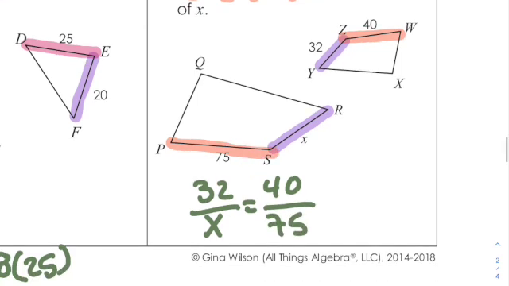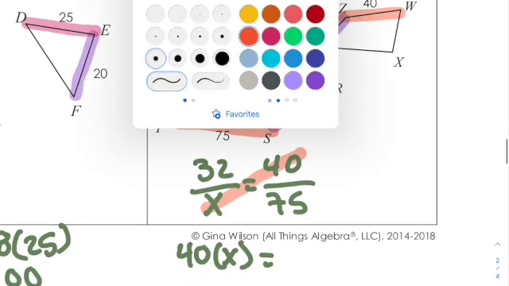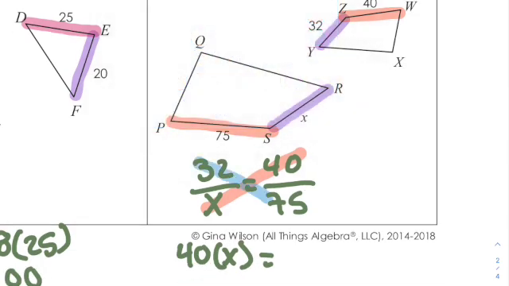And then we'll start doing cross product property. So x times 40, so 40 times x, and we'll do 32 times 75, so 32 parentheses 75.